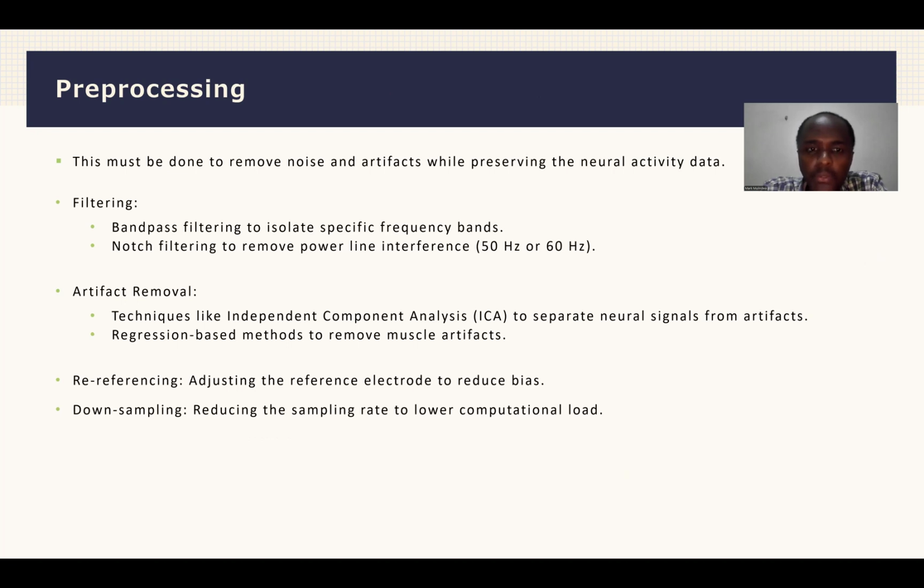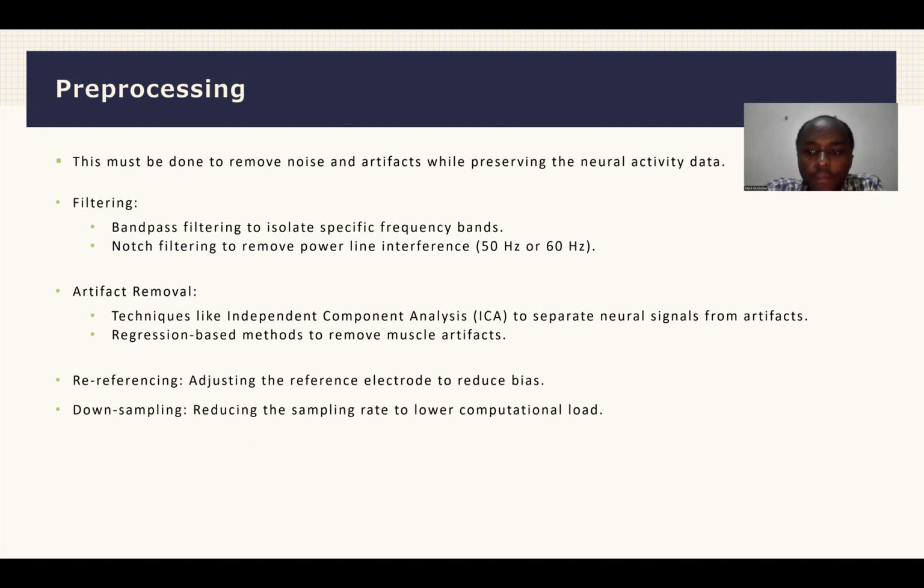To extract meaningful information from EEG data, various signal processing techniques are applied. So there is the pre-processing, which is categorized by filtering. The filtering is used to remove noise.